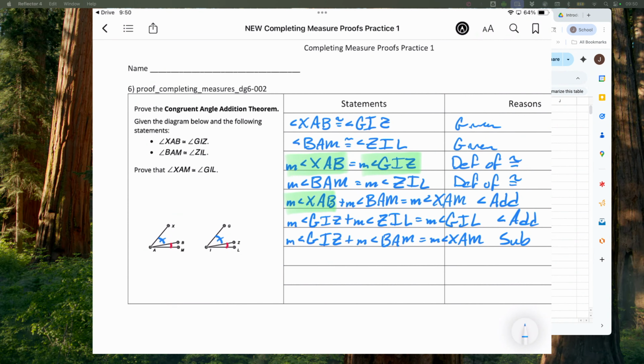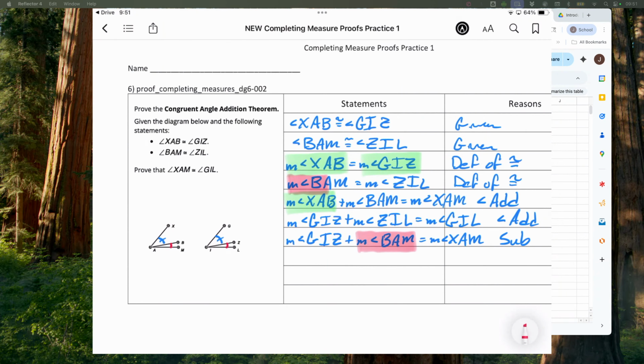Now we want to replace the other one. We've got the GIZs matching. We want to change that BAM out for, we want to replace BAM with ZIL. So we're going to go find BAM up here.